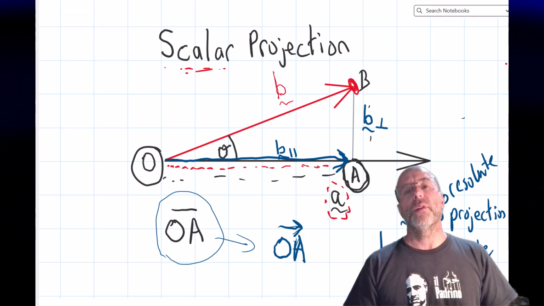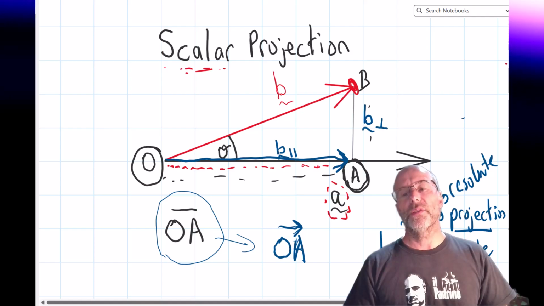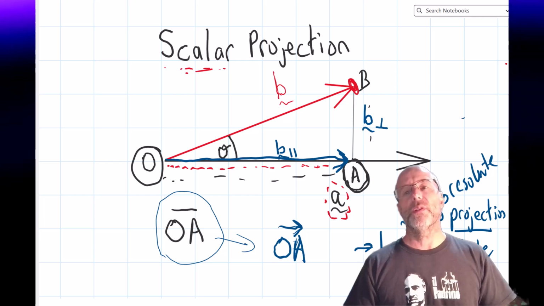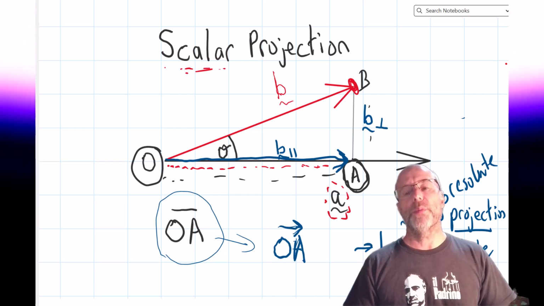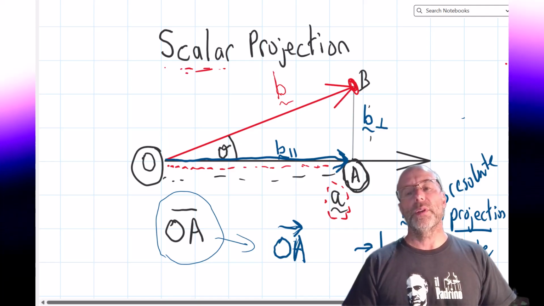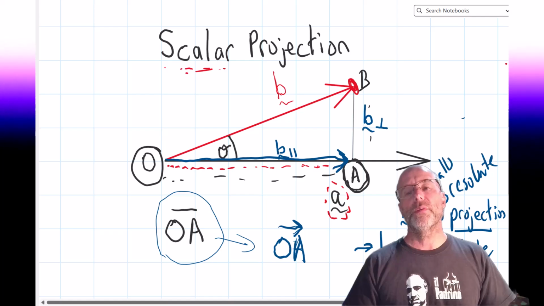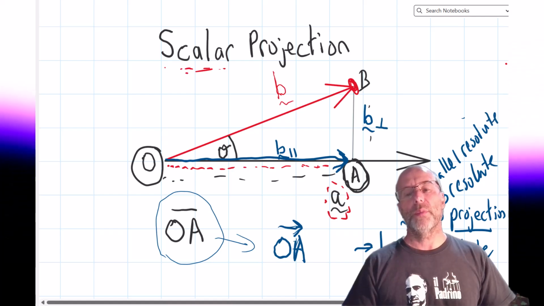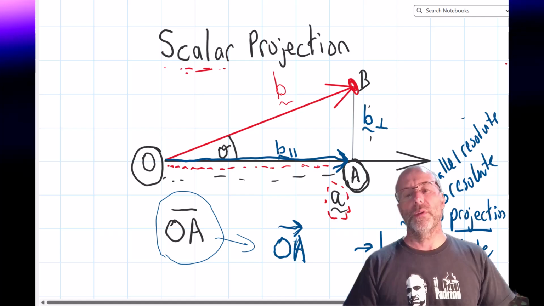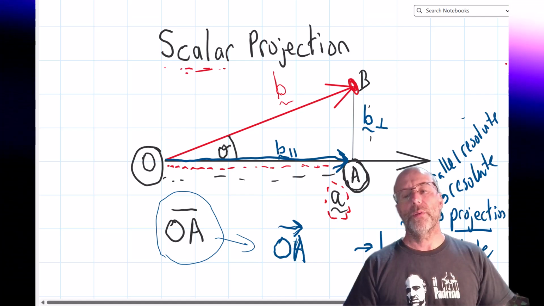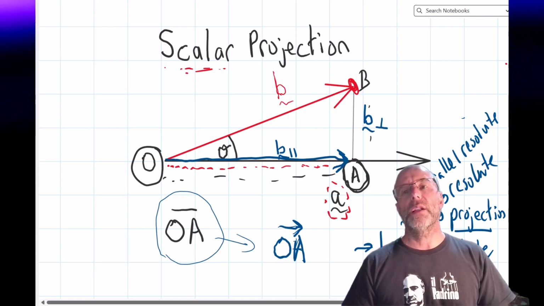But only the parallel one is a projection. This one here is not known as a projection, but it is a resolute. It's a resolute that is perpendicular to A. This one here could be called the parallel resolute, and this one can be called the perpendicular resolute. There we go. So that's the nomenclature.